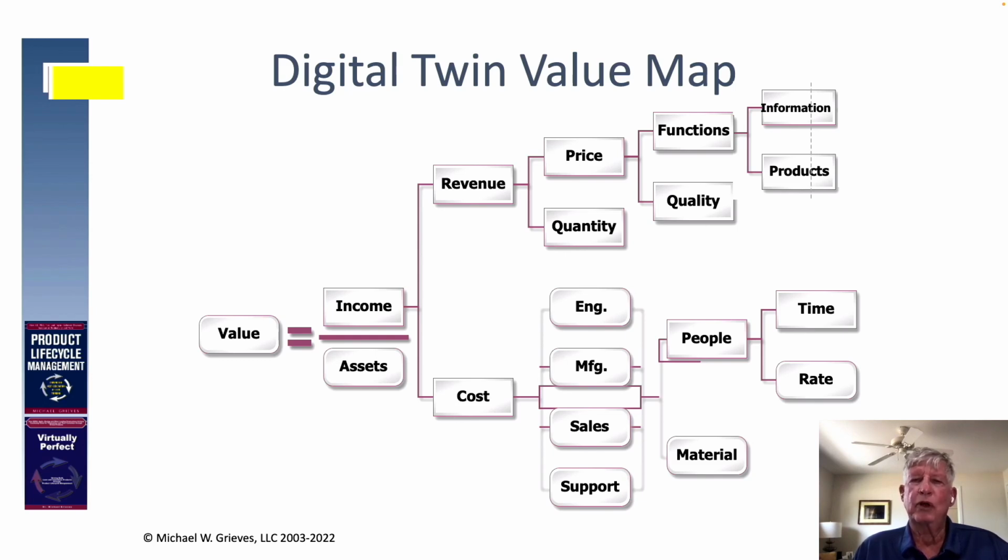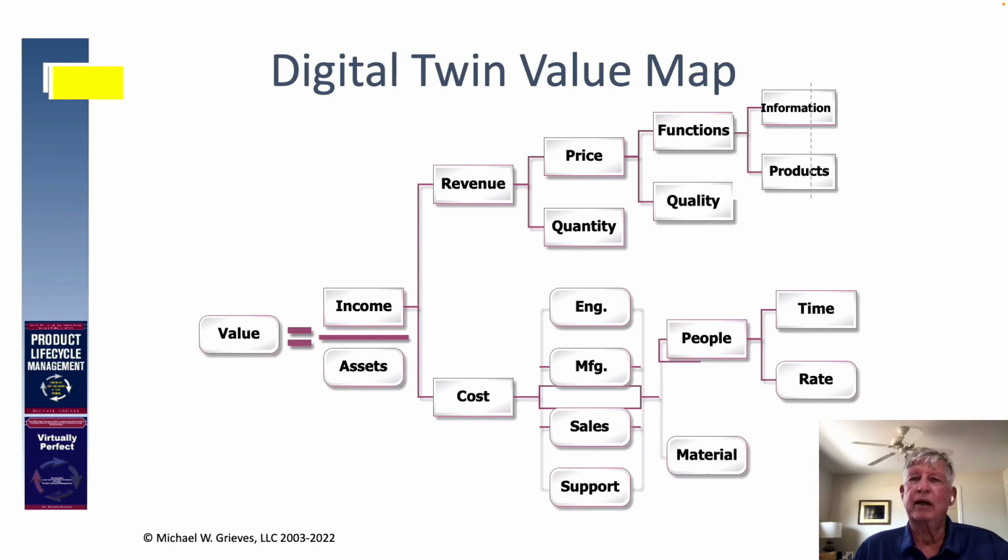On the cost side, we have our different departments, but it pretty much boils down to material cost and people's cost, and their costs are developed by their time and rate. No matter who you are in the organization, that is pretty much the factor of how you, in essence, value the people.